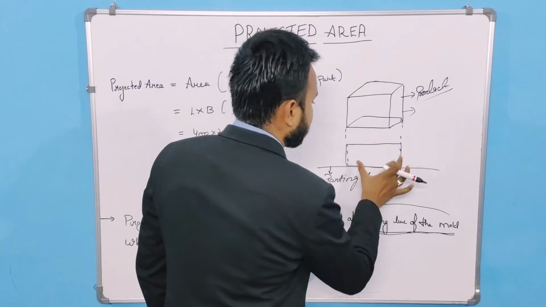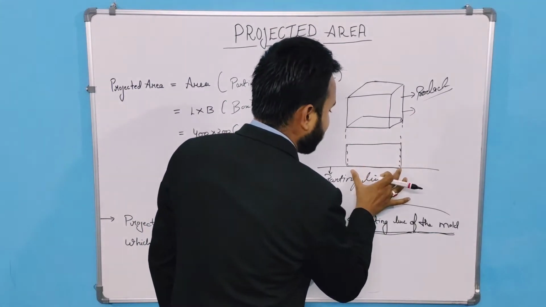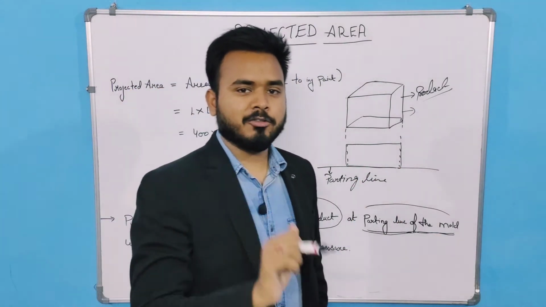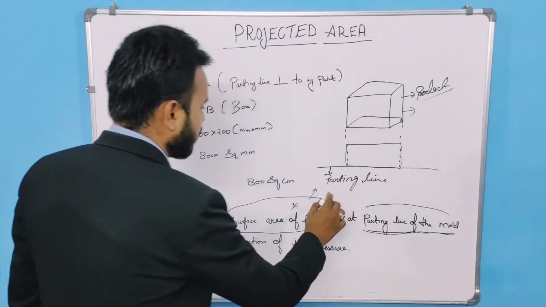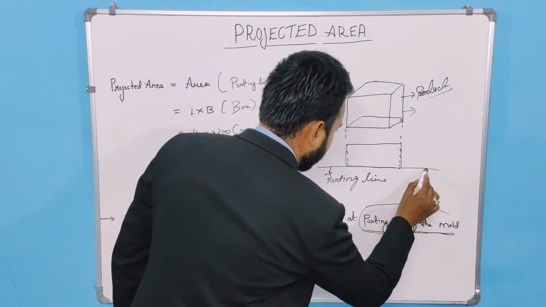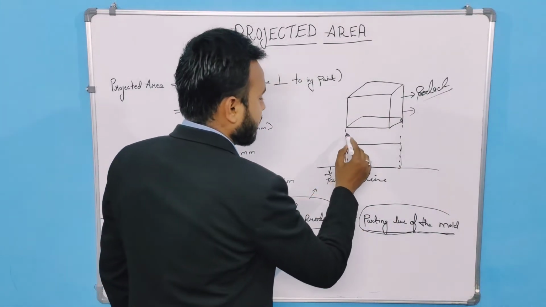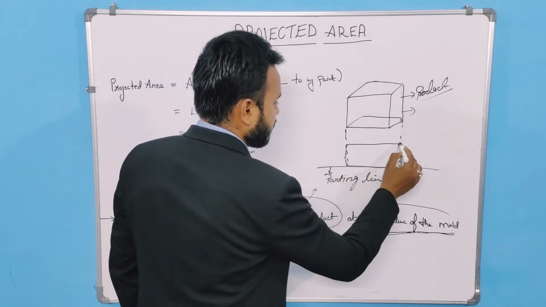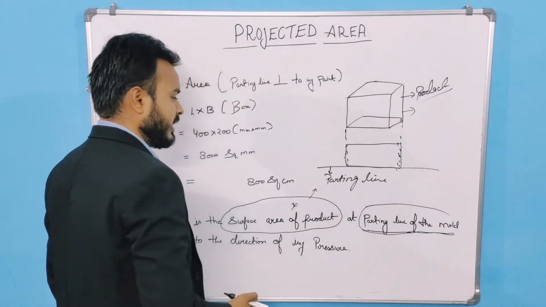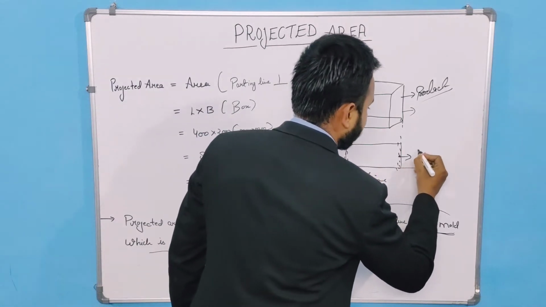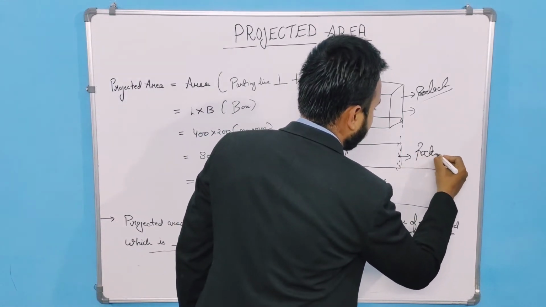It is only the surface area of the product that is found on the parting line of the mold. This was our product in cuboid shape, and after projecting, it is found in rectangular shape.